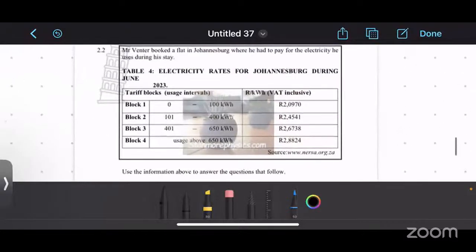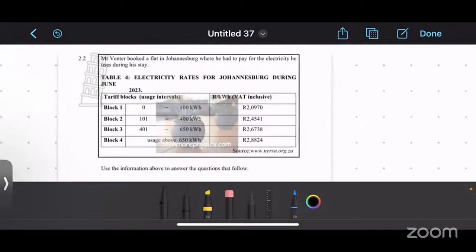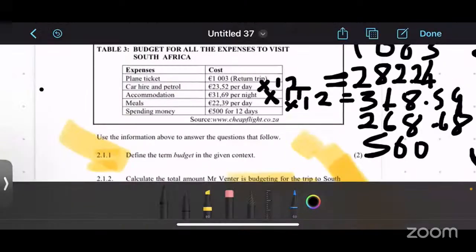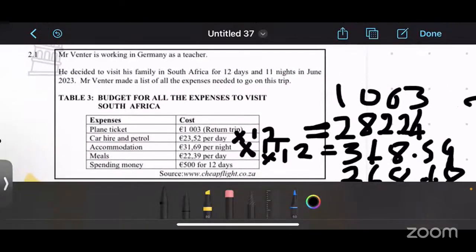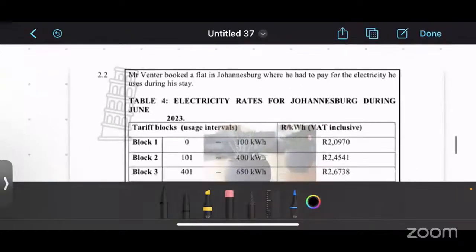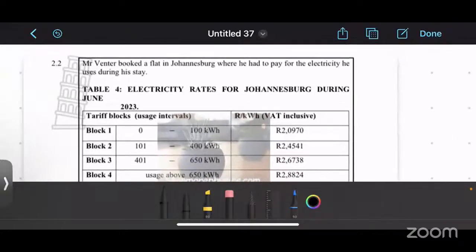To the next question, then we have Mr. Fenter here. Mr. Fenter is working in Germany as a teacher. Mr. Fenter booked a flat in Johannesburg where he had to pay for the electricity he uses during his stay.